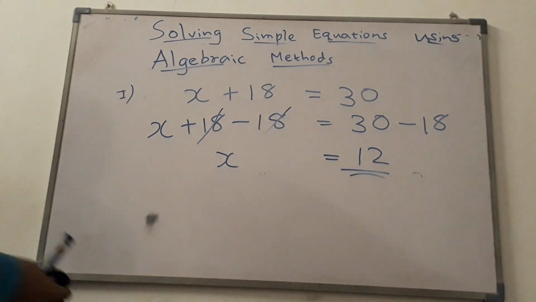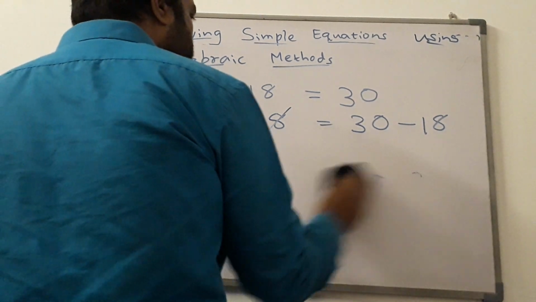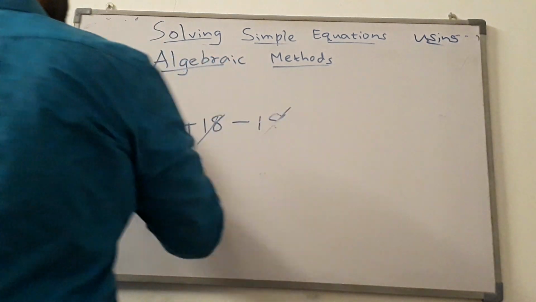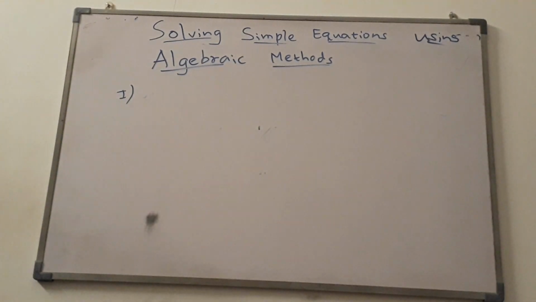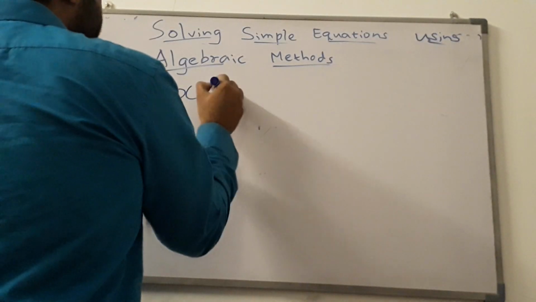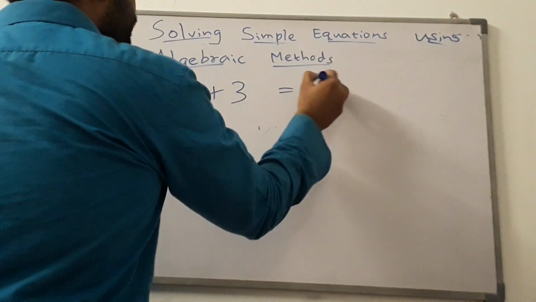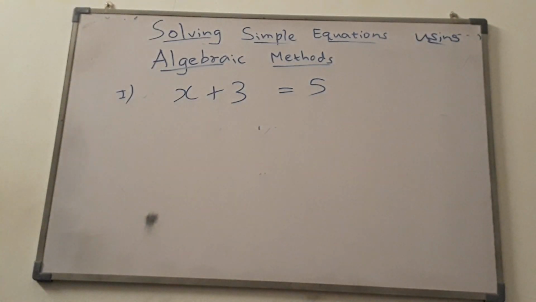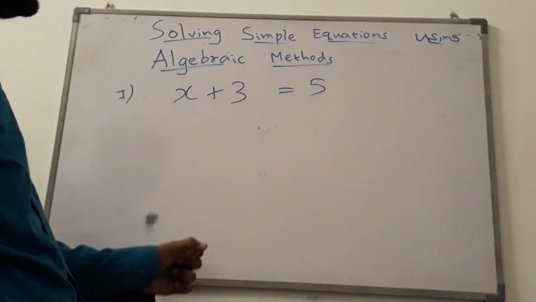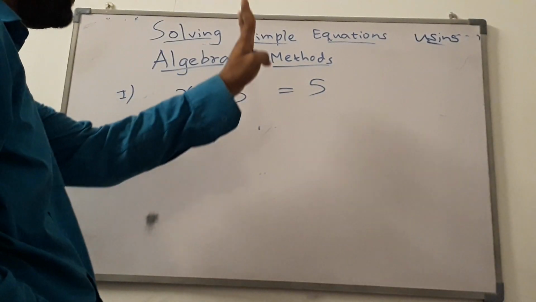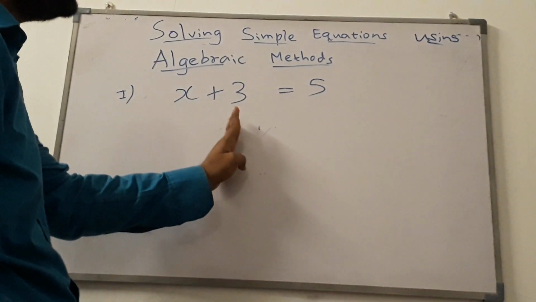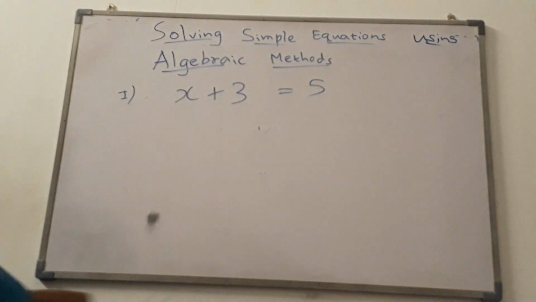Okay, I'll do a simpler sum than this. For example, x plus 3 is 5. As I said before, what we do to left hand side has to be done to right hand side.